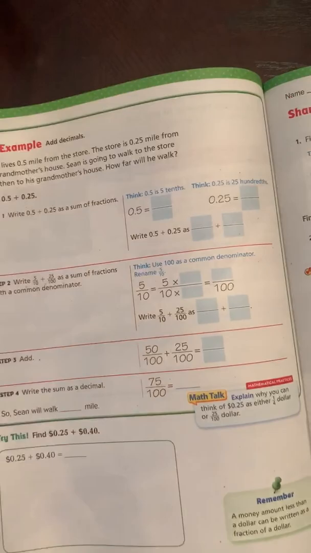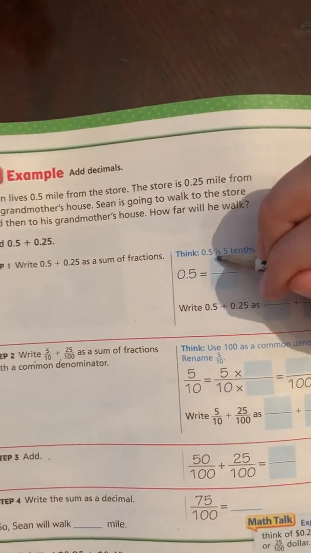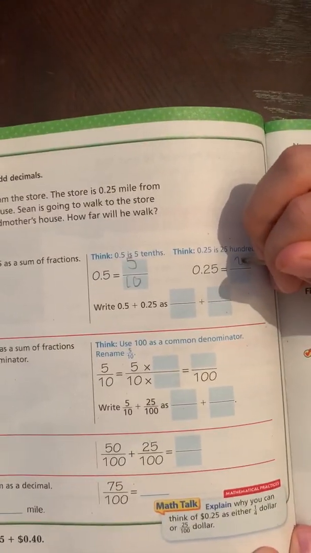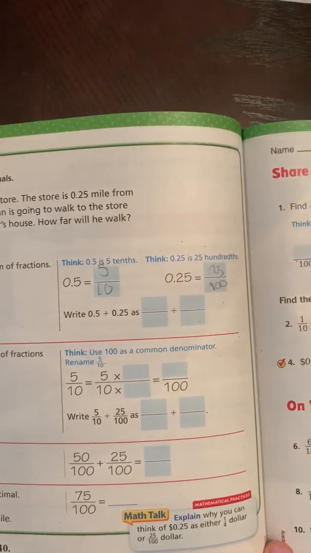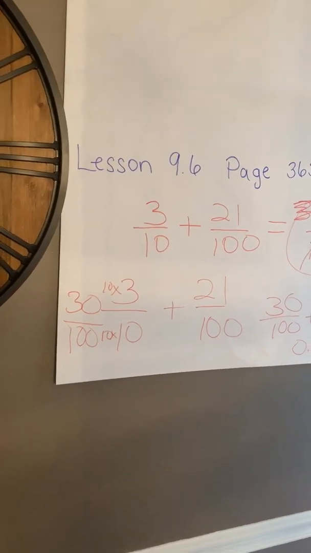So think about 5/10 as the fraction 5/10, okay? And think about 25/100 as 25/100. Now it's really looking a lot like the last problem that we did. We've got one that has tenths and one that has hundredths. We've got to do some converting here.